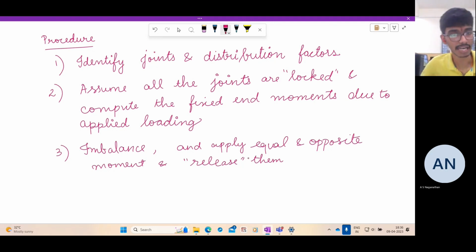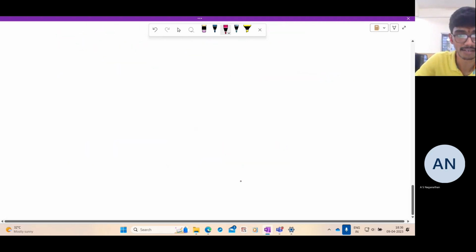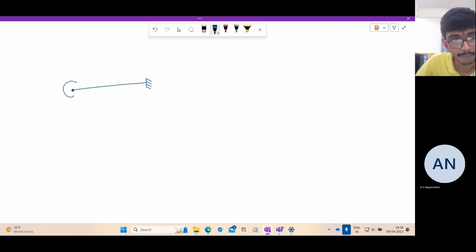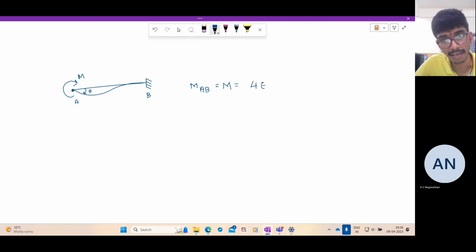Now, once you release, what happens? We'll see what happens. Let us go back here. Suppose we have a joint with a far end fixed and we are applying a moment M, and the joint is allowed to rotate by theta. Since it rotates by theta, MAB equal to M equal to 4EI by L theta is generated.